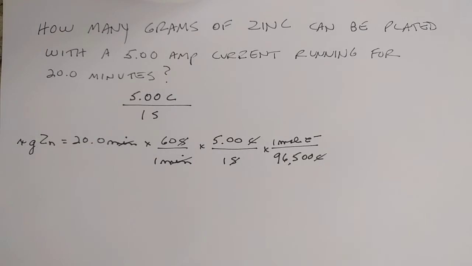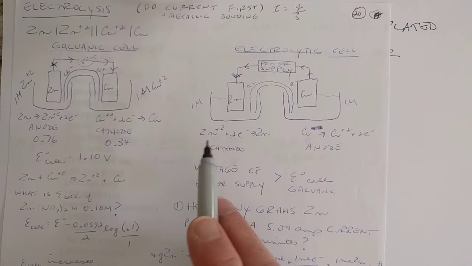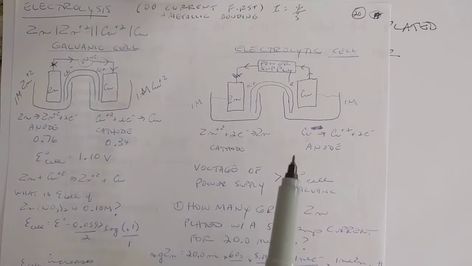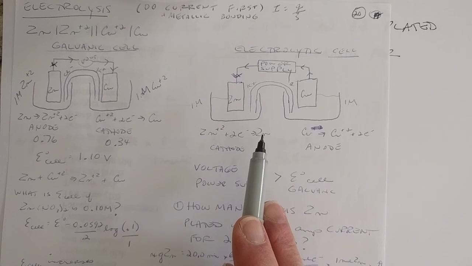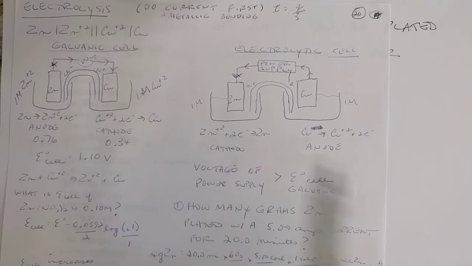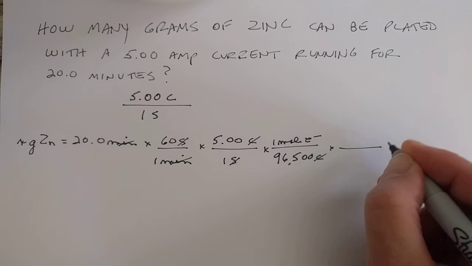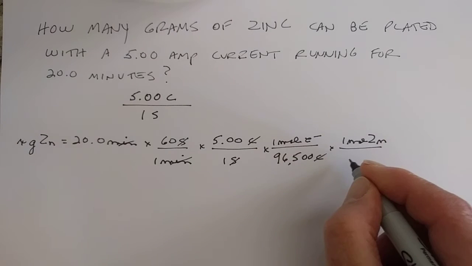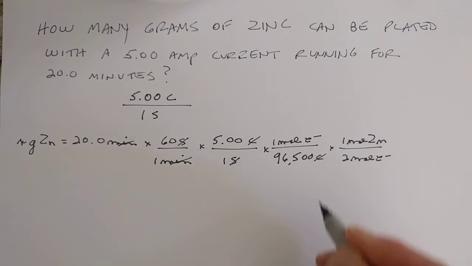Well, if we look back to our cell, we have the zinc ions plus 2 electrons go to zinc. So we have 2 moles of electrons for every 1 mole of zinc that gets plated. So that is our conversion. For every 1 mole of zinc, we need 2 moles of electrons.